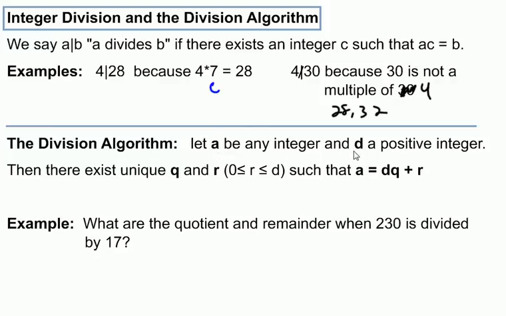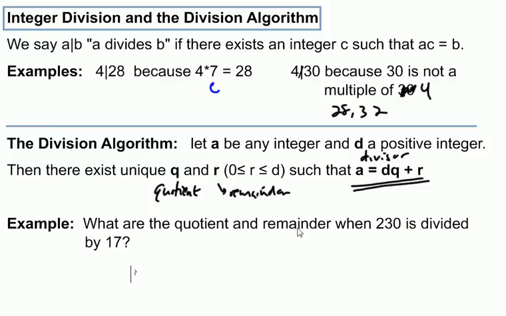We usually call d the divisor, the answer the quotient, and r the remainder. The basic idea is any number a, when divided by a positive divisor d, d goes into a q times plus a remainder of r.